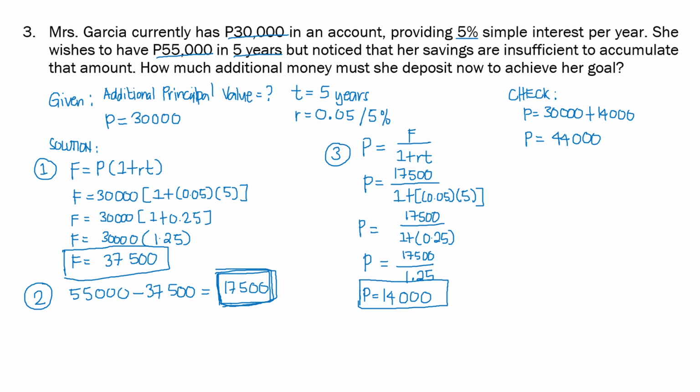So let's solve for the future value if mo equal ba jud siya sa 55,000. Formula for future value is F is equals to P multiply to the quantity of 1 plus rate times time.